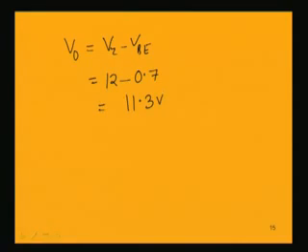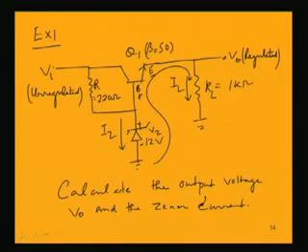Now you are asked to find out the Zener current. In order to find the Zener current, what is the law that we are going to apply at this point? Kirchhoff's current law. So KCL being applied at this point, let us name this current IR. The base current in this transistor is IB.